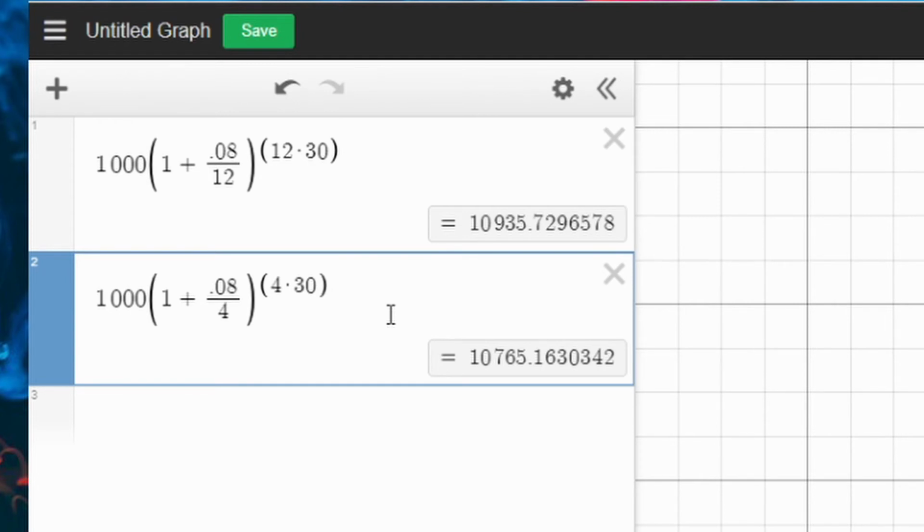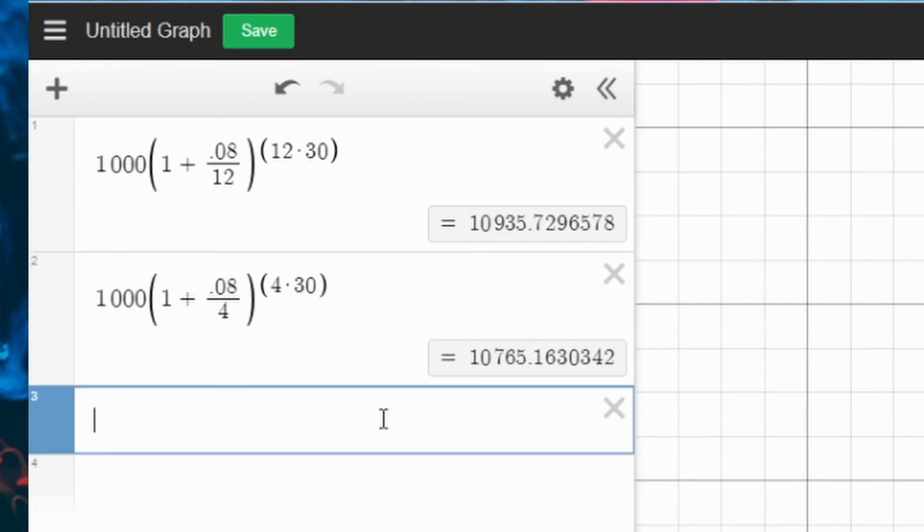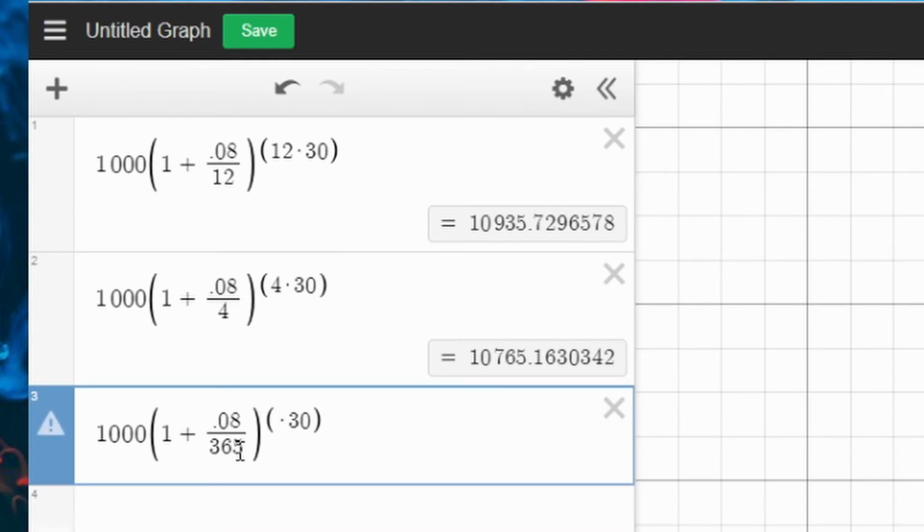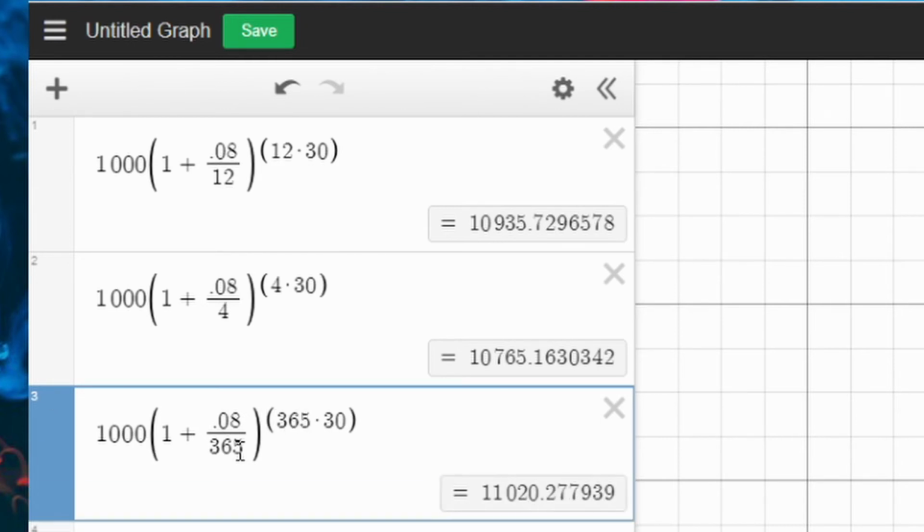The more I compound, the more money I'm going to have. So that leads me to, well, I think I know the answer to this, but if I divide this by 365, and then 365 days, I even get more than the monthly. This is the daily rate.